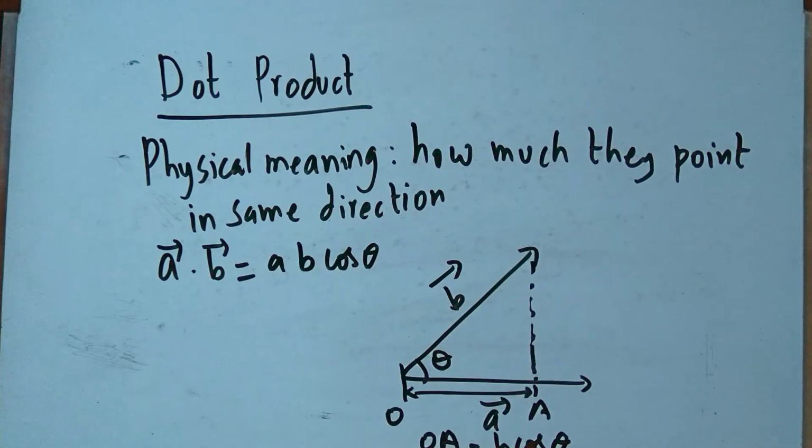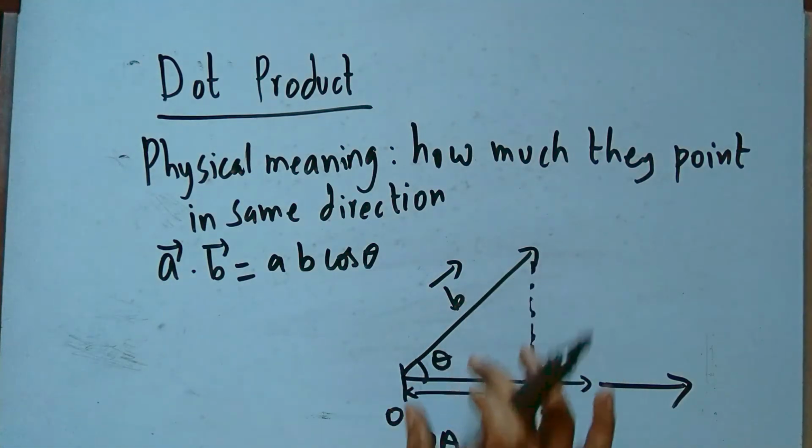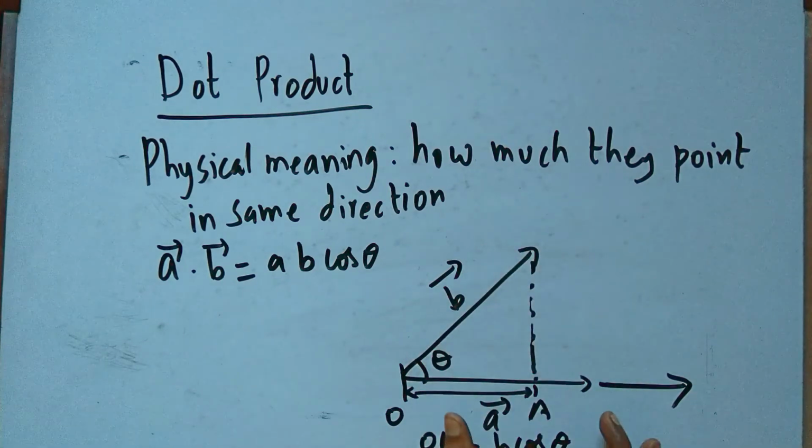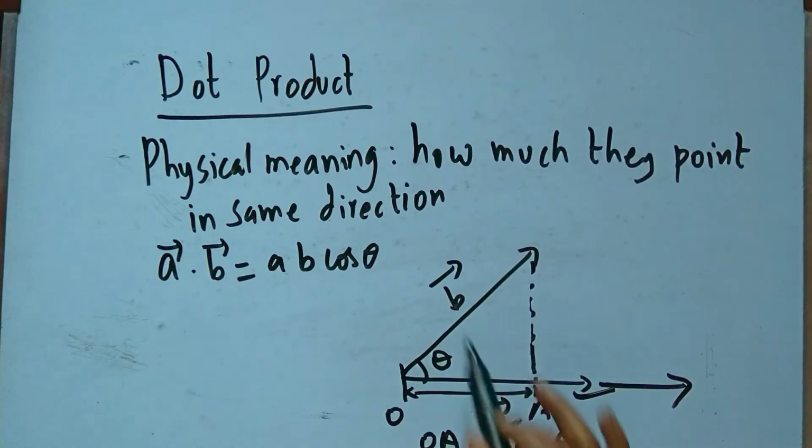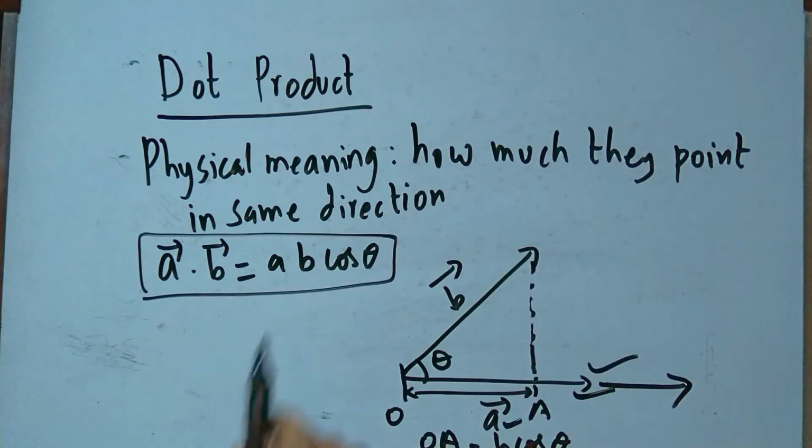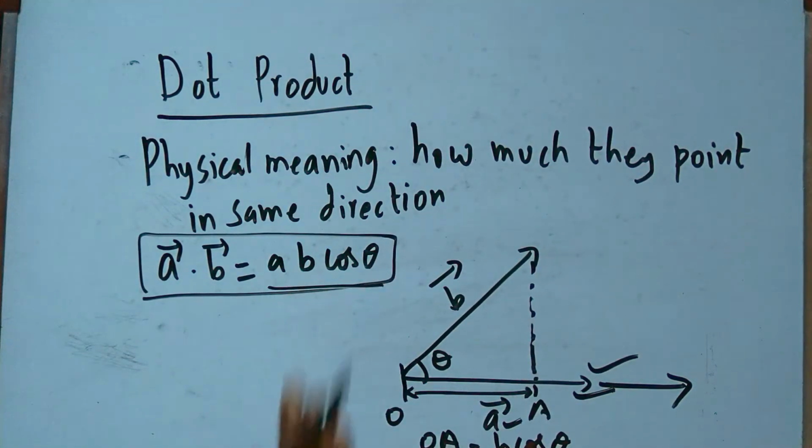If we take this as a reference point, the vector is pointing in this direction, whereas the component of vector B pointing in this direction is B cos theta. So the component pointing in this direction is A of vector A and B cos theta of B. Here we are trying to find how much they point in same direction.